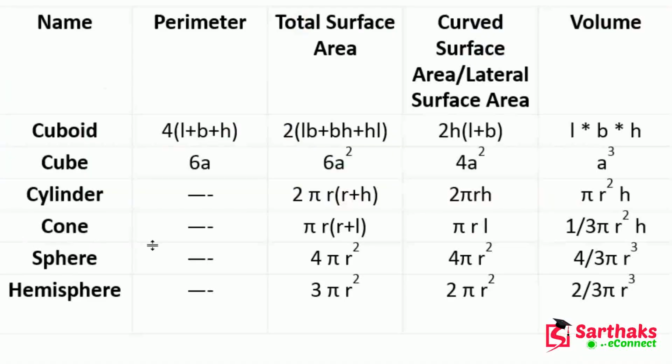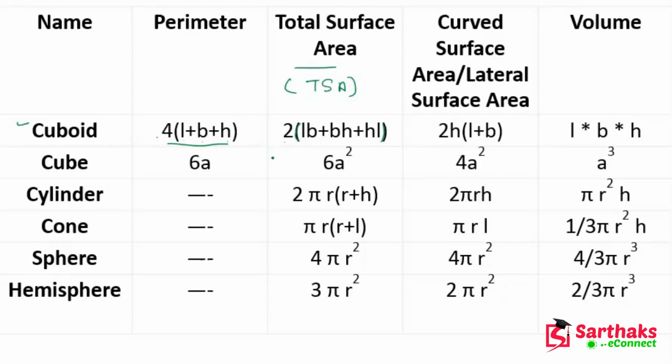Now let's revise all the formulas. First, let's talk about the cuboid. The perimeter of a cuboid is 4 into (L plus B plus H), where L, B and H are length, breadth and height. The total surface area, TSA, is 2 into (LB plus BH plus HL).